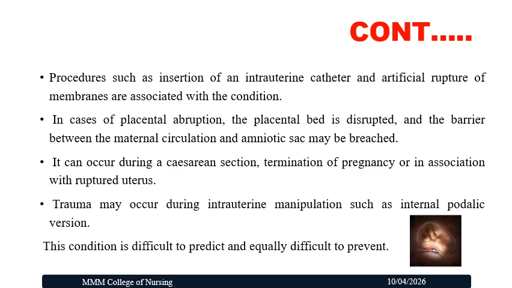It can also occur during cesarean section or during termination of pregnancy or in association with ruptured uterus. Trauma may also occur during intrauterine manipulation such as internal podalic version in breech presentation. This condition is actually difficult to predict and equally difficult to prevent.